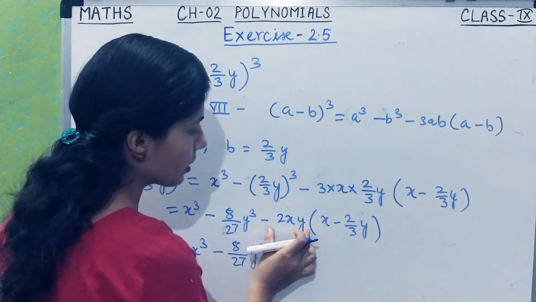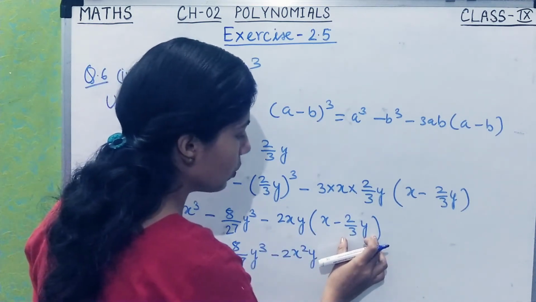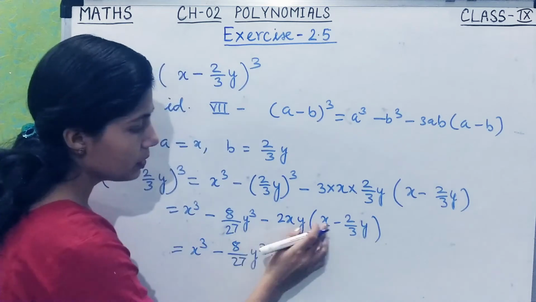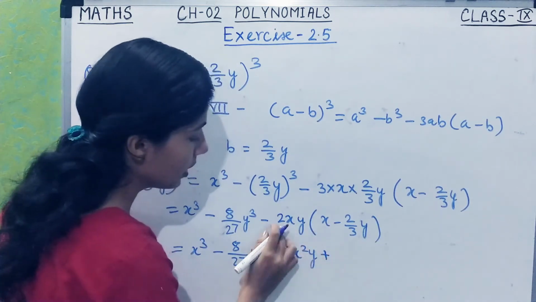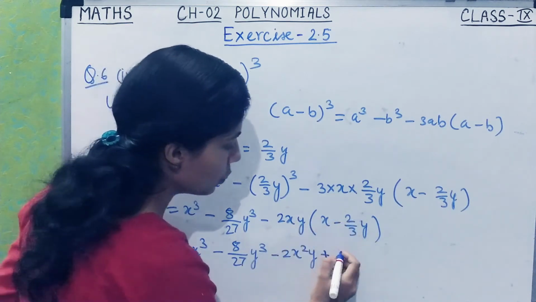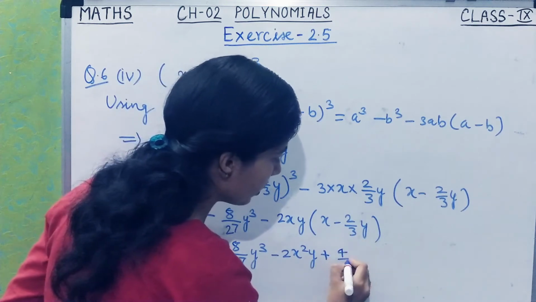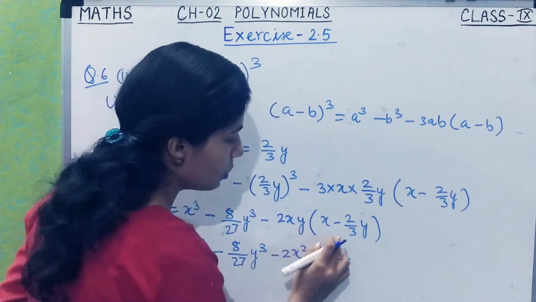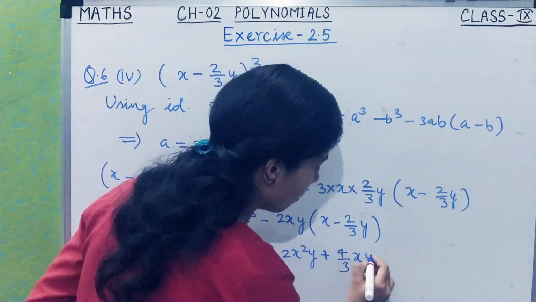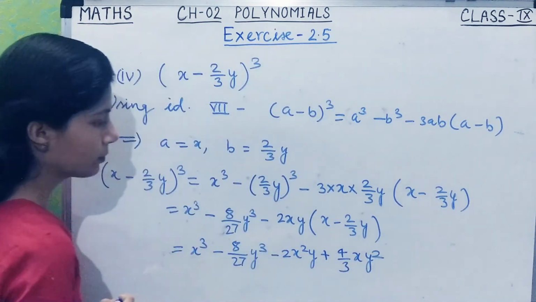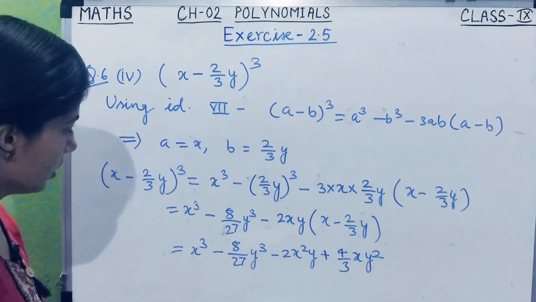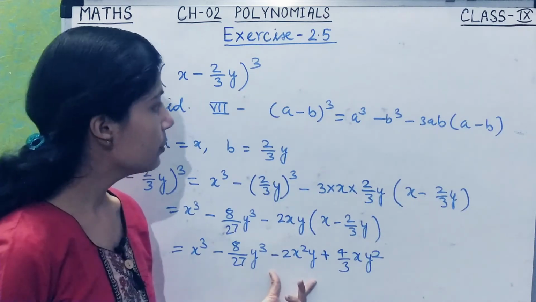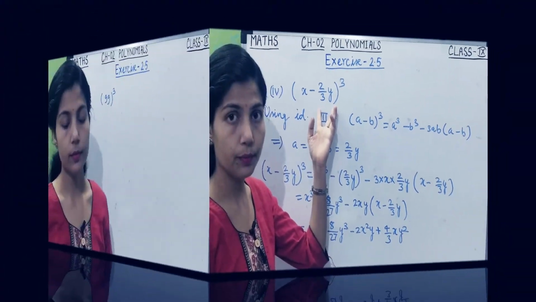Now minus 2xy into minus 2 upon 3y. So minus into minus will be plus, and 2 into this 2, 4 upon this 3, x into y means xy square. So this is the expanded form of this cube.